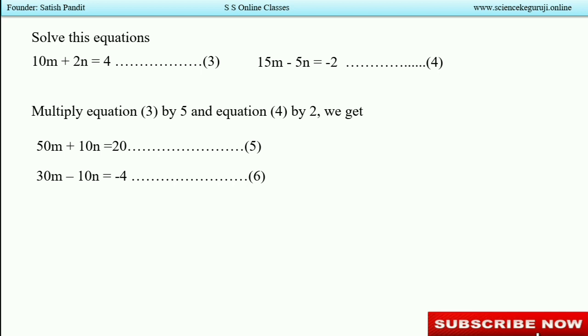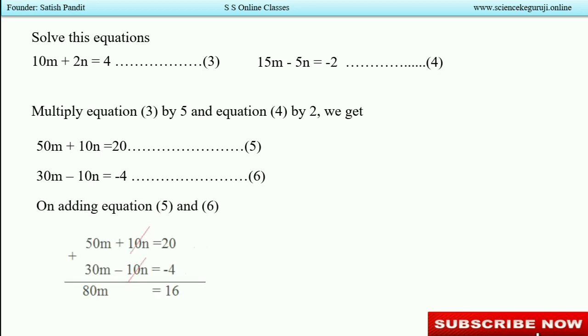Now solve equations 5 and 6. We take the addition of 5 and 6 for eliminating variable n. So here, friends, 80m is equal to 16.